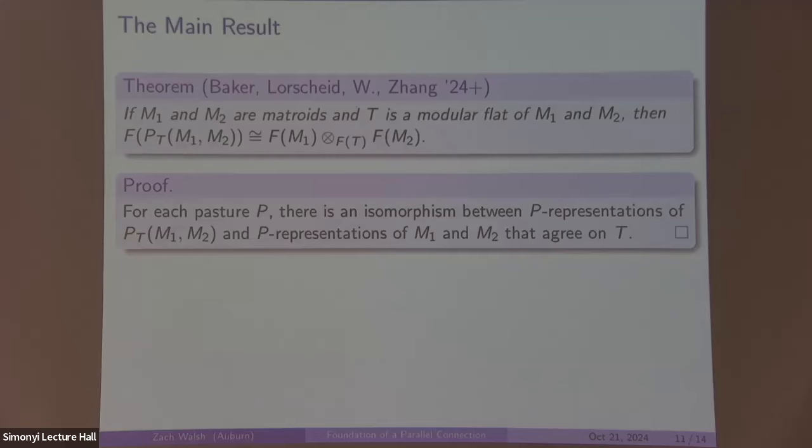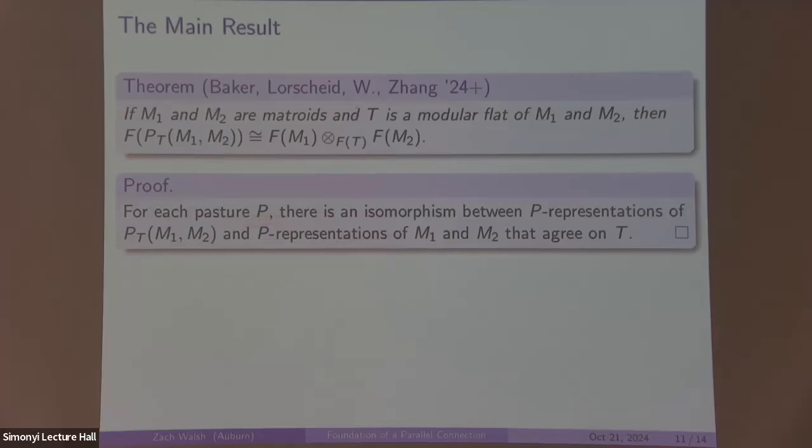We do this with representations. We show that for every pasture P, there's an isomorphism between rescaling classes of P representations of this big matroid and P representations of these two small matroids that have to agree on T. We show that this isomorphism is functorial with respect to pastures, and then by the universal property of foundations, we just get this result.